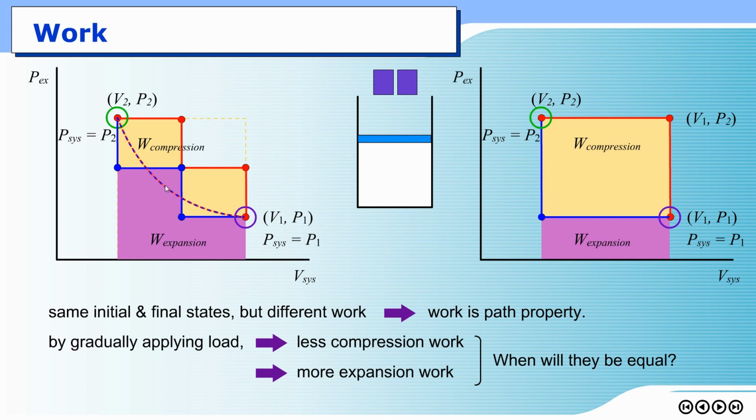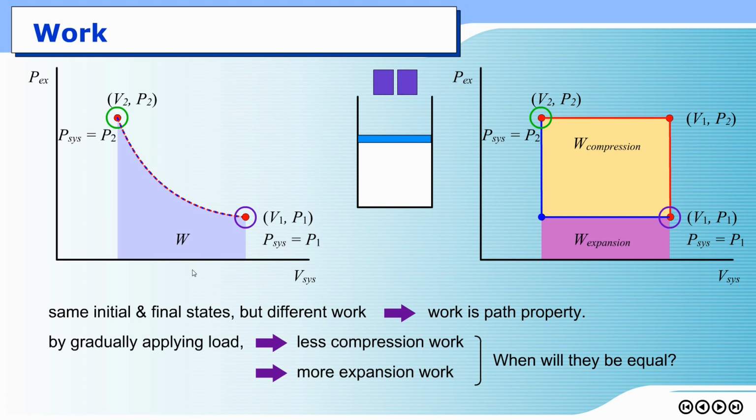That would take place only when the load that you apply is very, very small, one load at a time, and you have to wait a very, very long time from one equilibrium state to another. All right, if you get that case, it means that compression work and expansion work are the same, and it can be obtained by integration of this curve function.